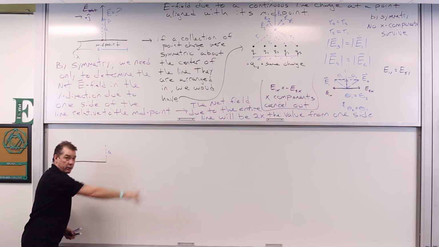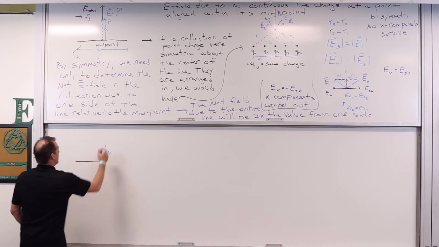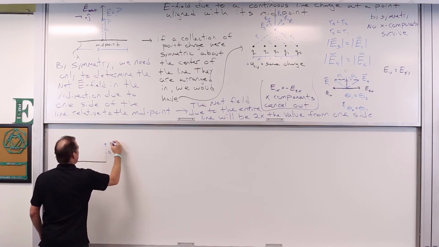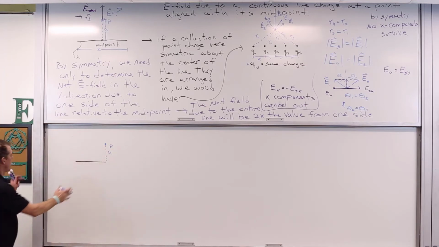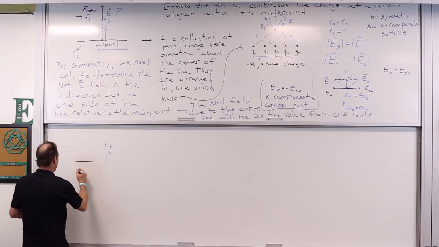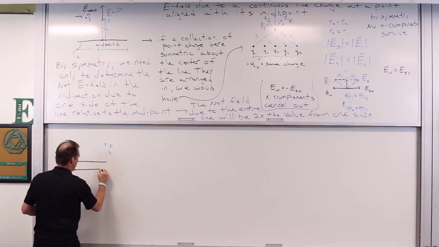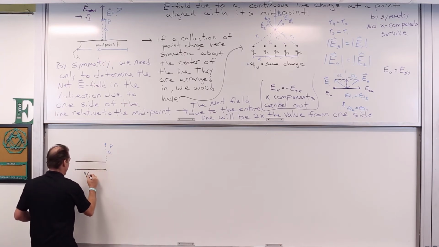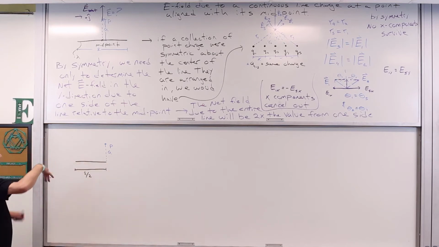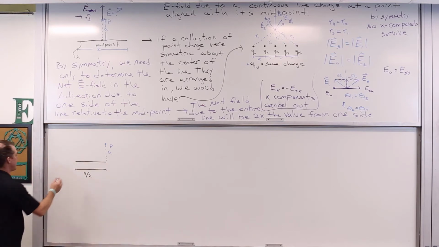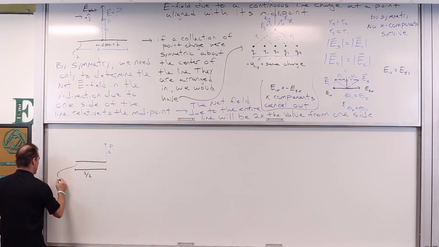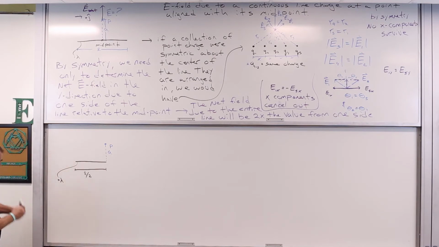We're kind of ignoring the other side of the distribution right now. Here's the point P in which we're trying to determine the electric field due to this particular portion. And this would have a length, which would now be L divided by 2, cut in half in a sense, and does have some uniform line charge density, which we're considering to be positive, and it is lambda. So we just want the magnitude.